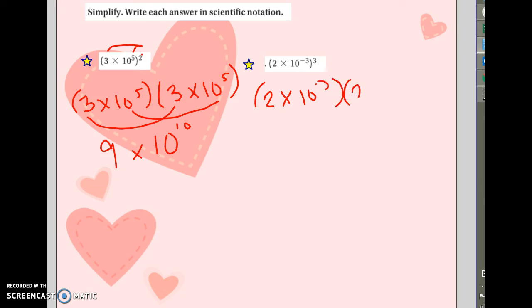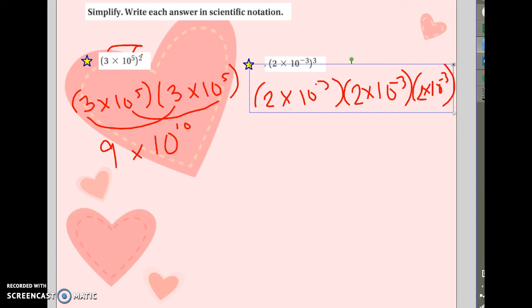I don't know if I'm going to be able to get 3 times out of this pen. And then one more, times 10 to the negative 3. And then you would multiply the 2 with the 2 with the 2, so you get 8. And add the negative 3, the negative 3, and the negative 3, so you get 10 to the negative 9. And that is your answer.